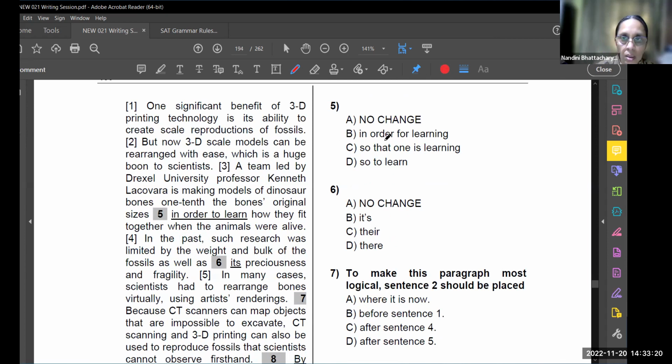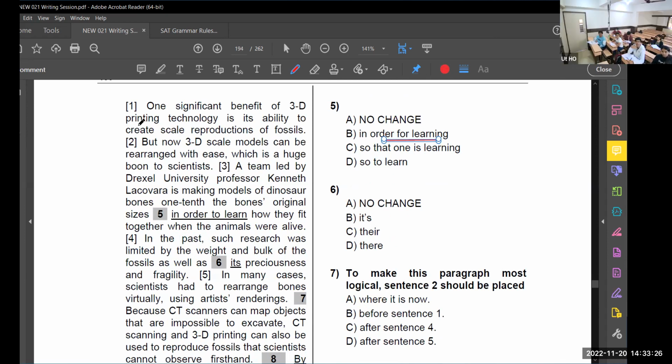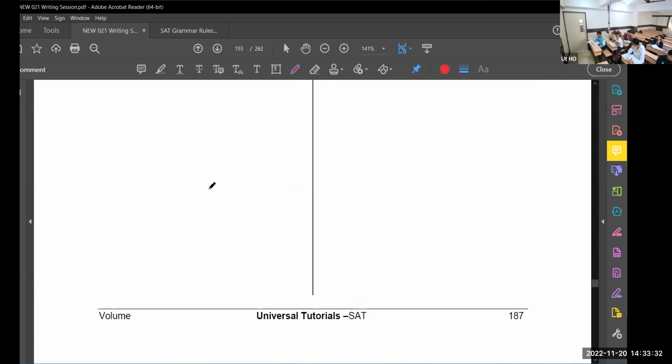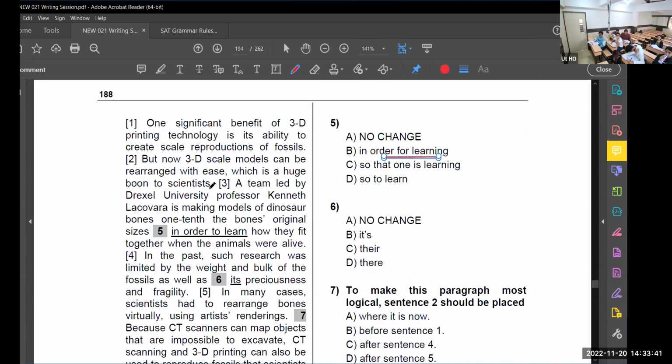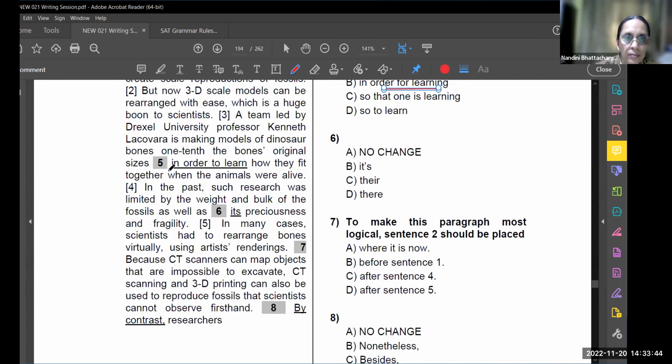In order for learning. Ma'am, A. Where's the underlined portion gone? In order to, yeah. The sentence is, Professor is making models of dinosaur bones 1/10 of the bones' original sizes in order to learn how they fit together when animals were alive. Yeah, it says in order to learn.